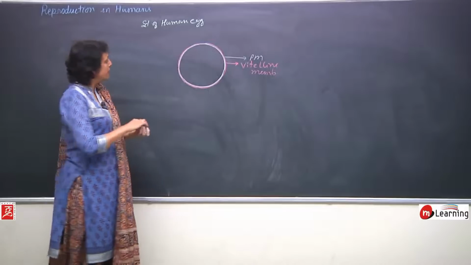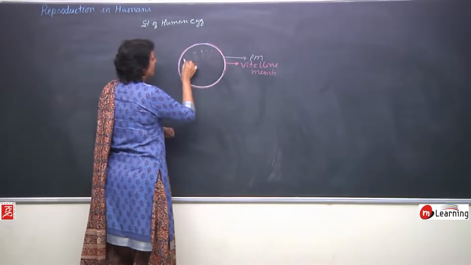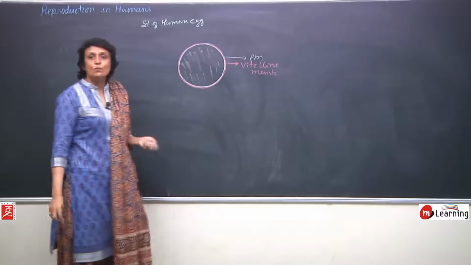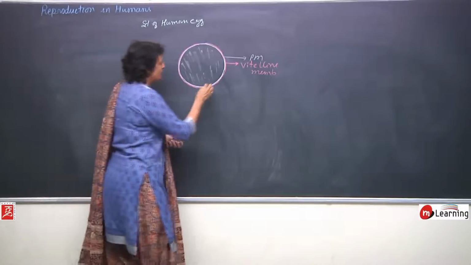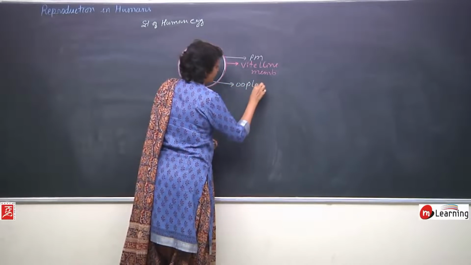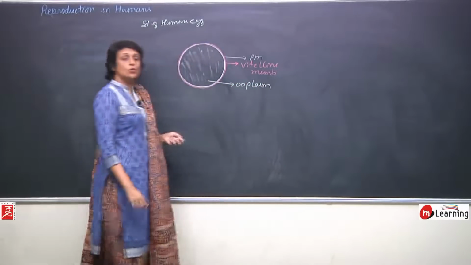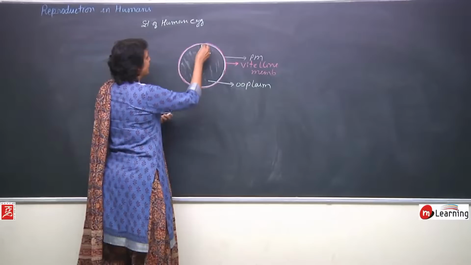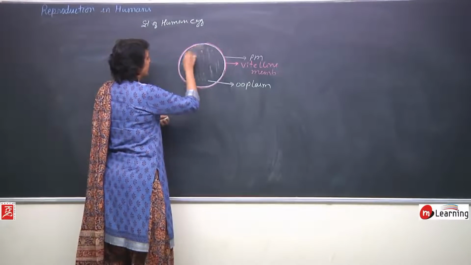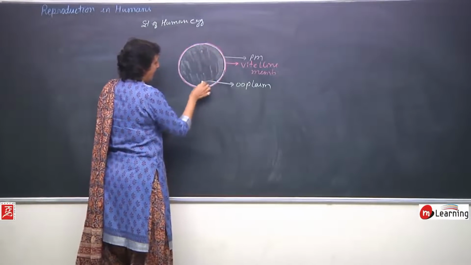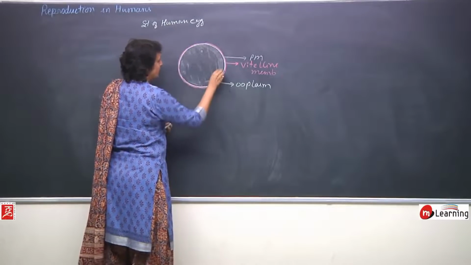The inner part is filled with cytoplasmic material which is known as ooplasm. This ooplasm is divided into two parts. The outer part is dense and granular.